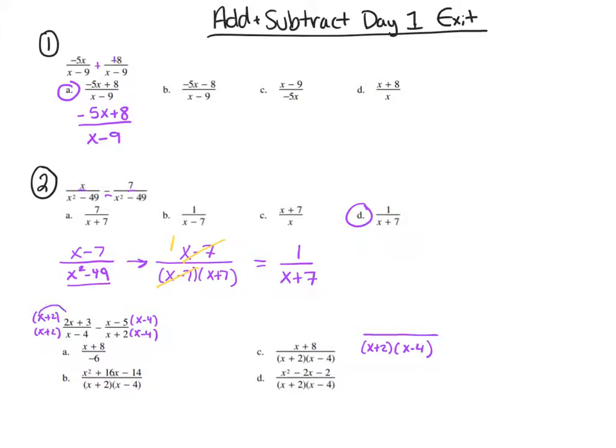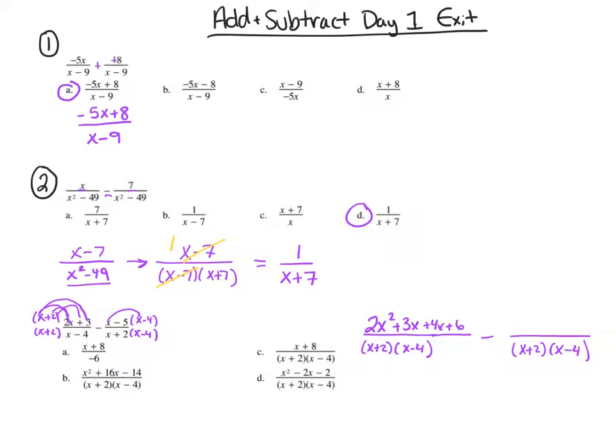So x times 2x is 2x squared, x times 3 is 3x, 2 times 2x is 4x, 2 times 3 is 6. And I'm going to do the same thing for my second fraction. So my second fraction, my denominator, I'm going to keep in factored form. In my numerator, I'm going to multiply out.